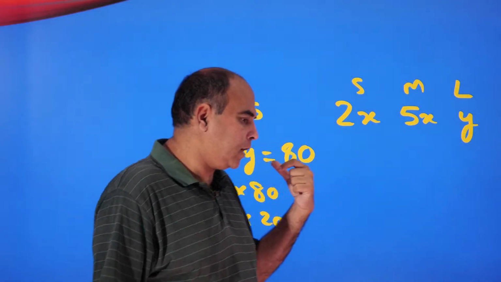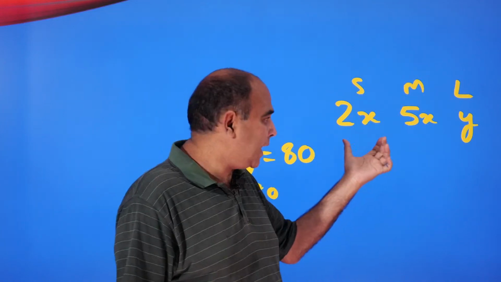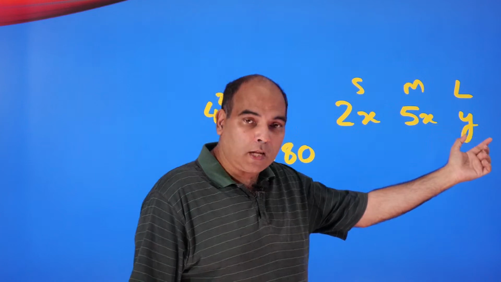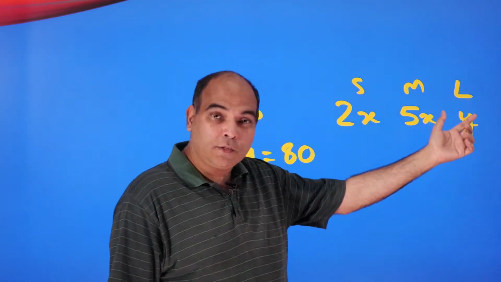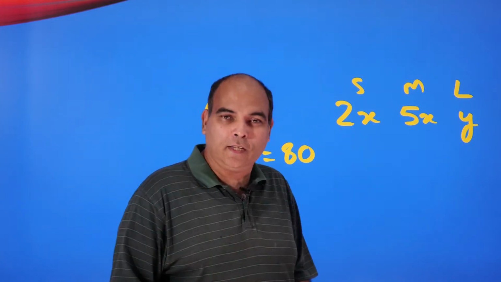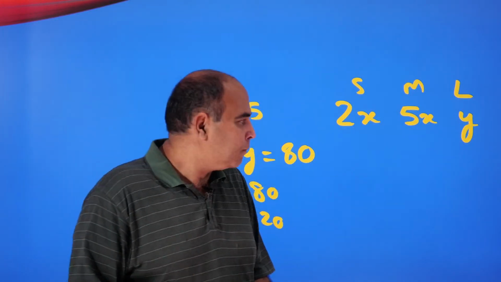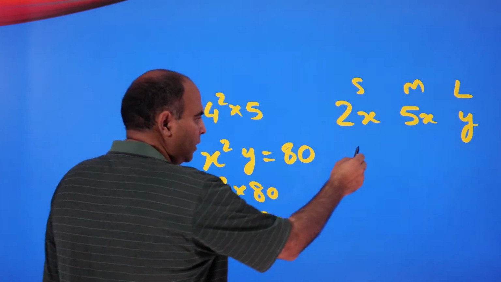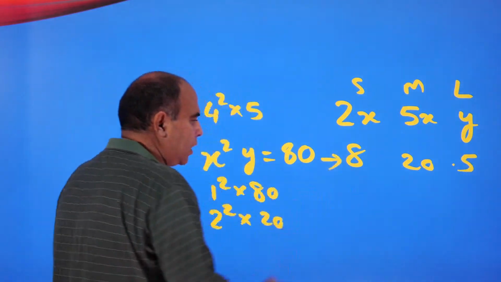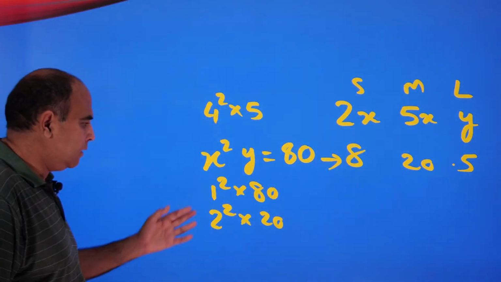The price of the small cup is 8 rupees, the price of the medium cup is 20 rupees, and the price of the large cup is 5 rupees. Now that's unlikely to happen, right? Of course, some crazy shopkeeper can do that, but I'm not going to check this value. 8, 20 and 5, this is not a value I'm checking to start with, right?